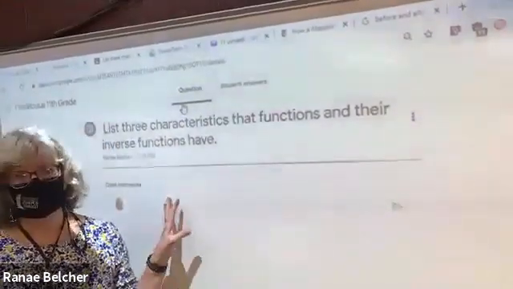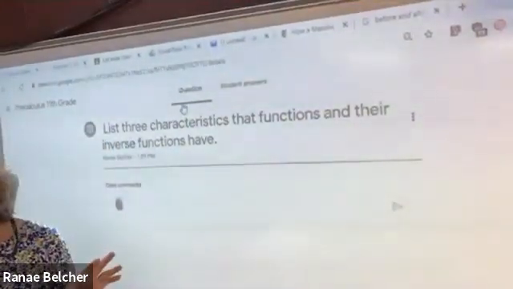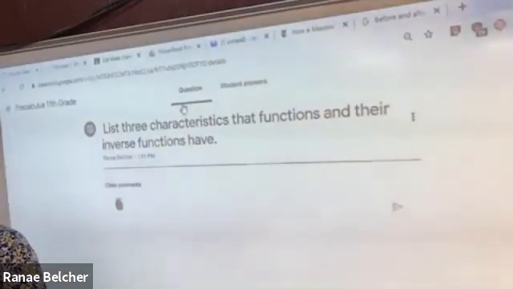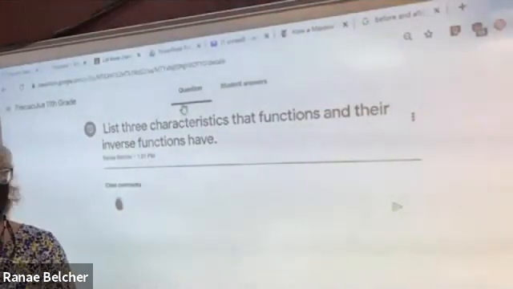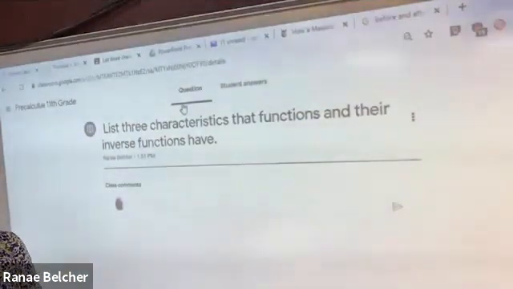Okay, so I want you to write down on your whiteboards, if you can remember them without looking, 3 things that functions and their inverse functions have, or ways that you could tell.